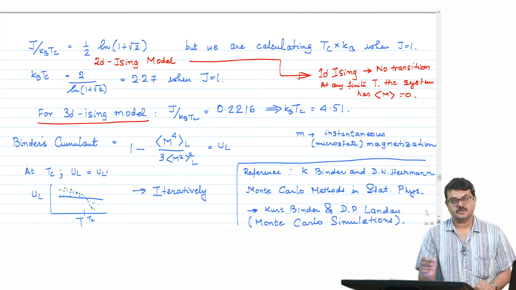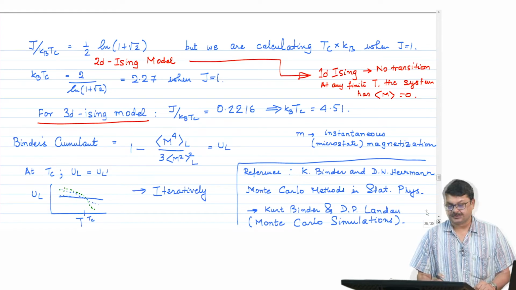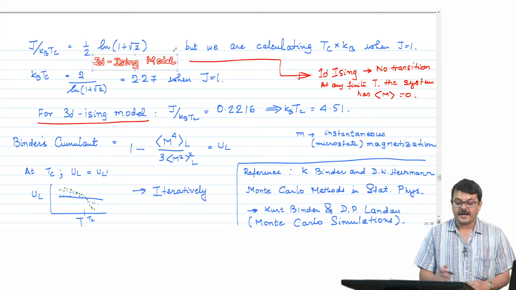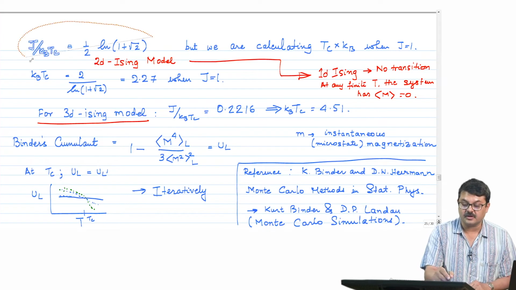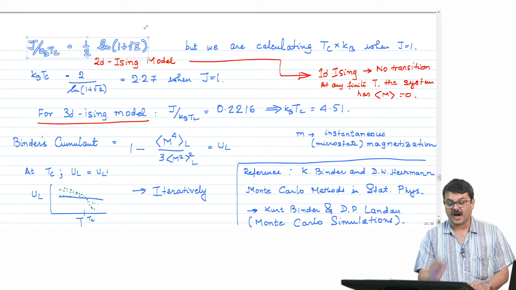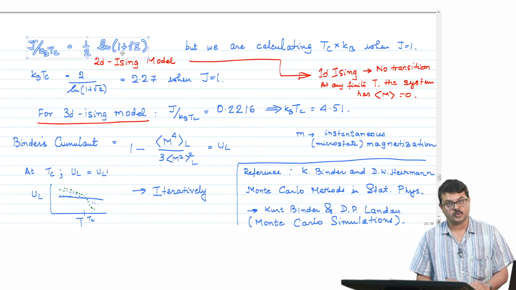Coming back to the slides, the value of the critical temperature for the 2D Ising model can be calculated exactly, and the value of J by kBTC is half ln of 1 plus root 2.